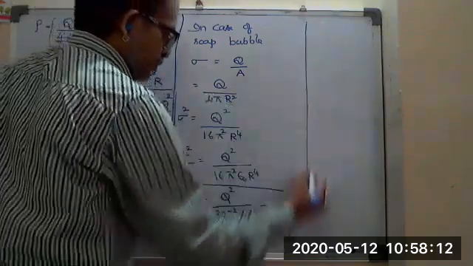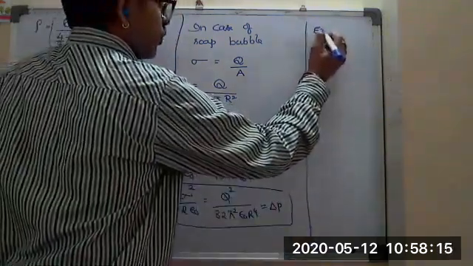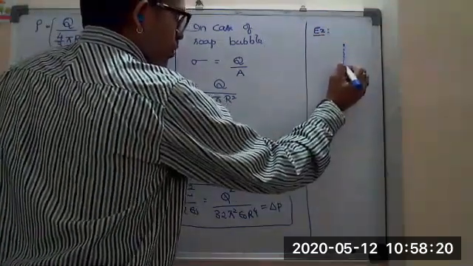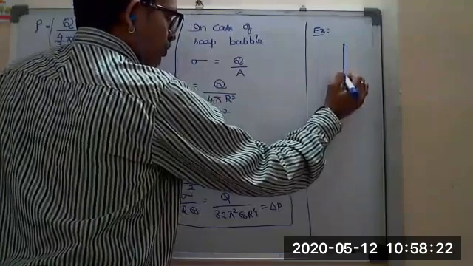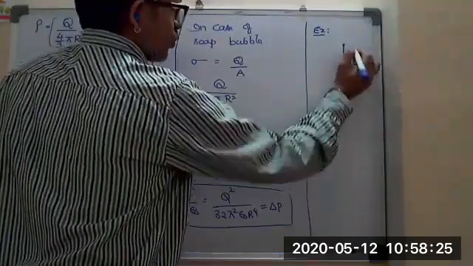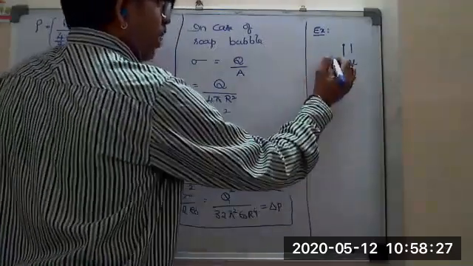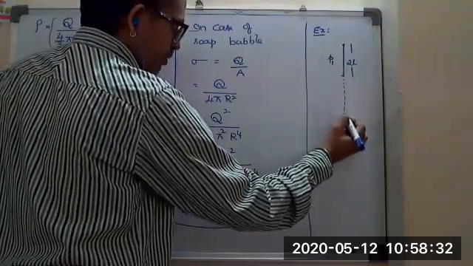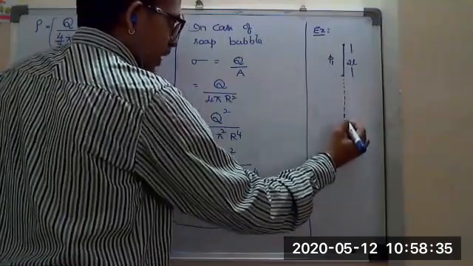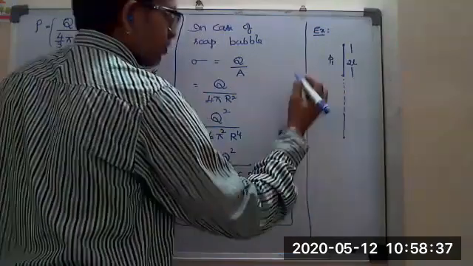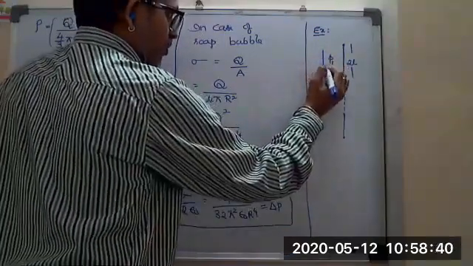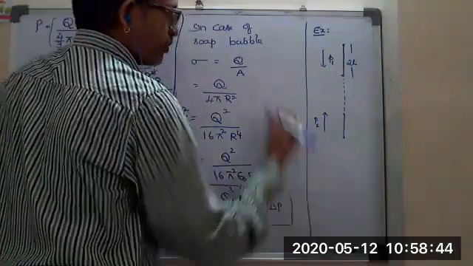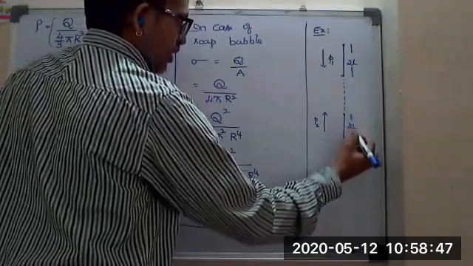Suppose I am leaving one question to you all, try to solve it. Two dipoles: this is one dipole of length, generally we take it as 2L, of dipole moment P1, and another dipole is placed on its axis and the directions are taken opposite. This is P2, its length is 2L.